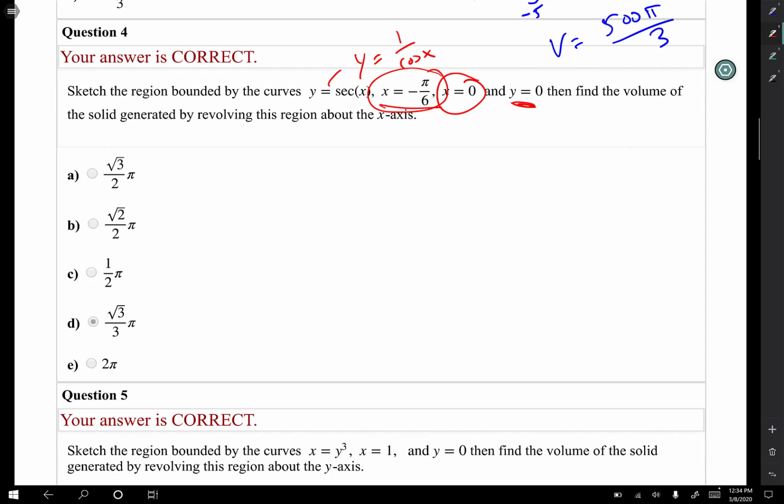Should have graphed. Why didn't I graph? I'm in radian mode. Oh, my window has to be bigger because it's reciprocal.